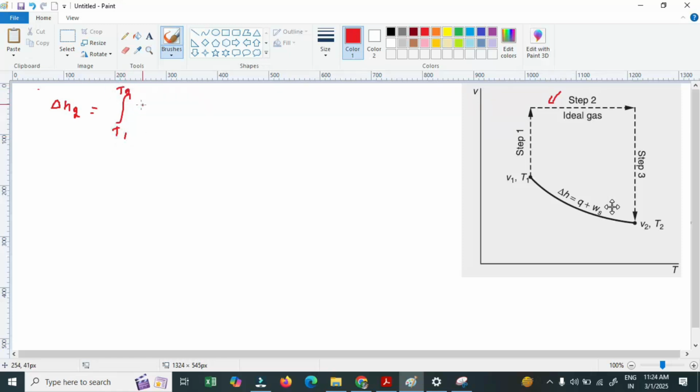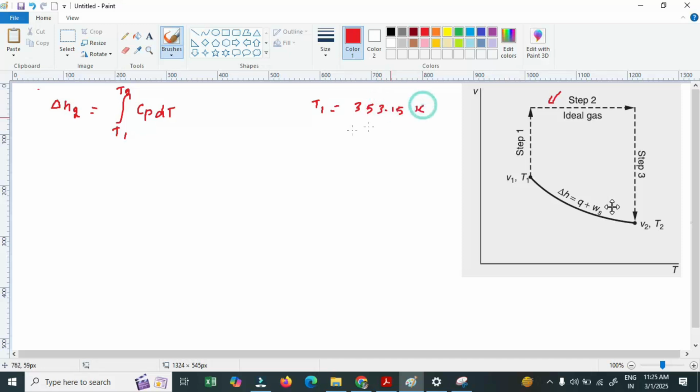As per the problem statement, it moves from state 1 to state 2. T1 given in the problem is 353.15 Kelvin, I hope so. T2 will be 393.15 Kelvin.